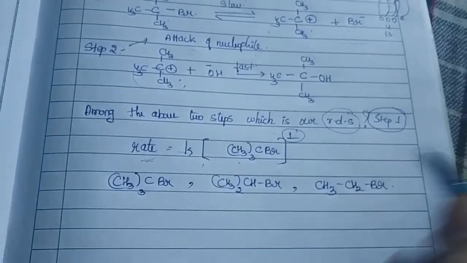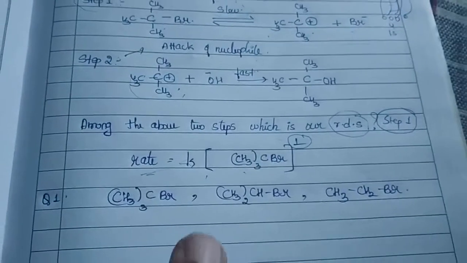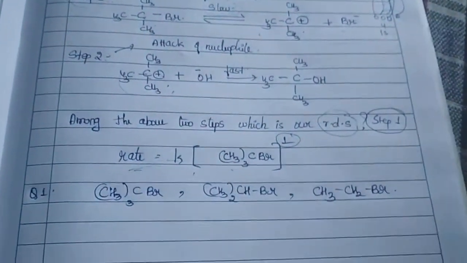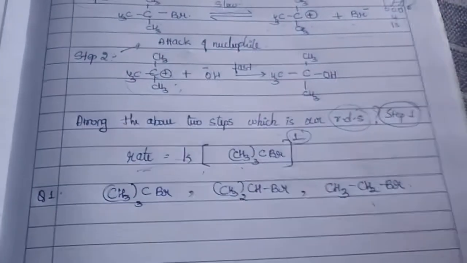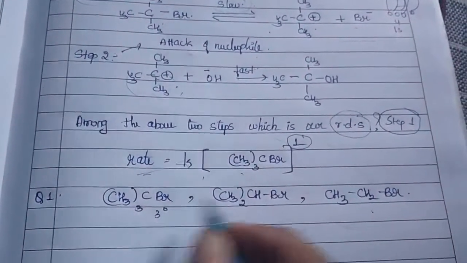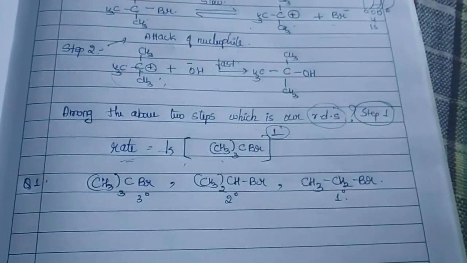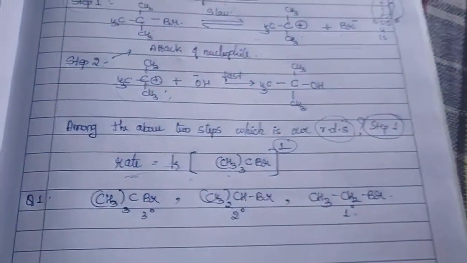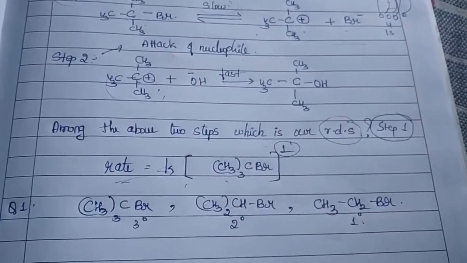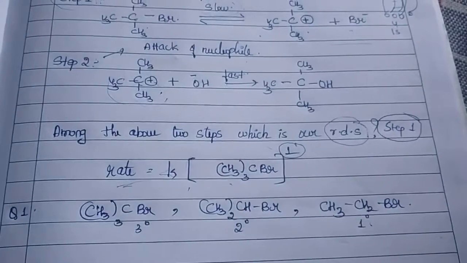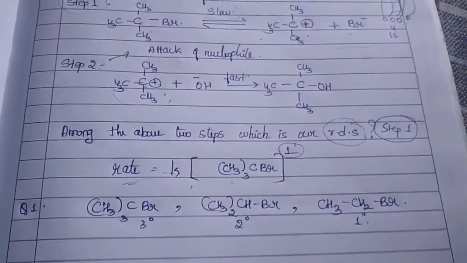So these are my question. I'm just giving you one question. If you have been given these three alkyl halides, in which the first one is tertiary, the second secondary, and the last one primary, my question is, among the three, which one will be taking place, or whose reactivity will be more towards the SN1 reaction?